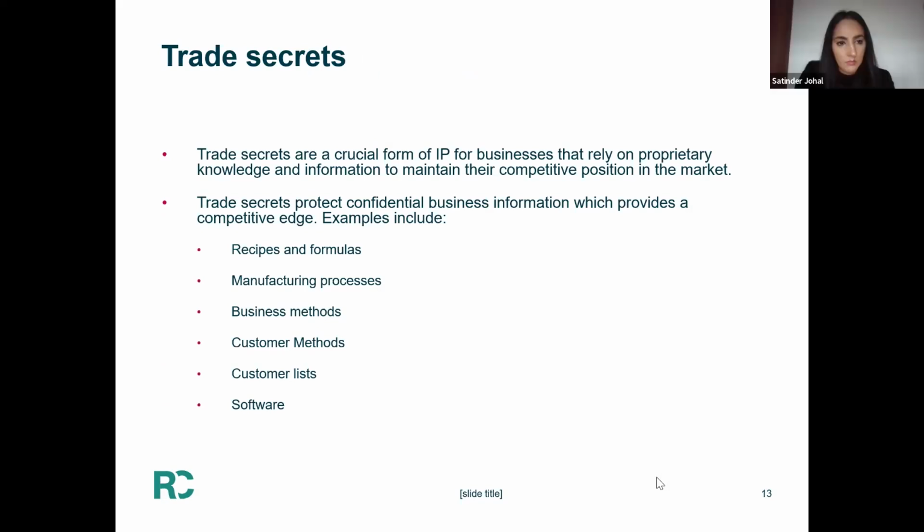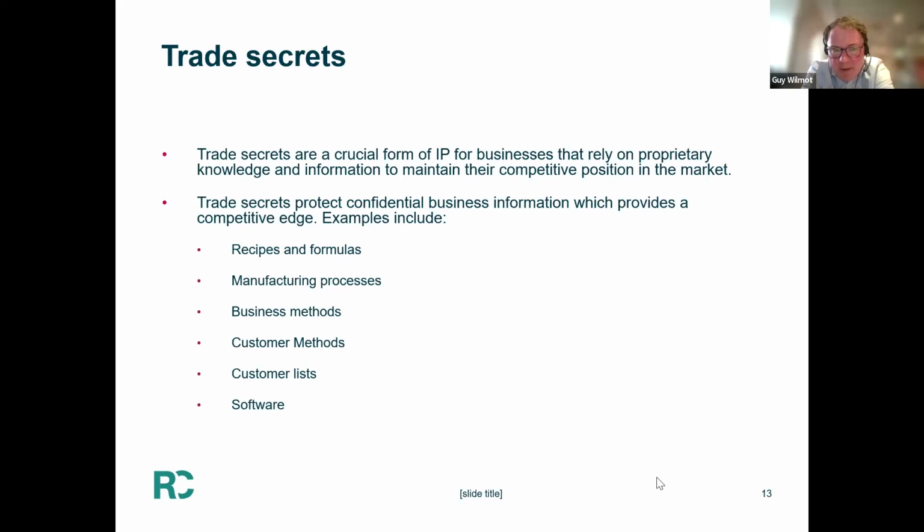So starting with trade secrets, which are a specific type of confidential information, particularly valuable, particularly important. And trade secrets usually refers to a piece of information which is critical to a business and provides it with a competitive edge.